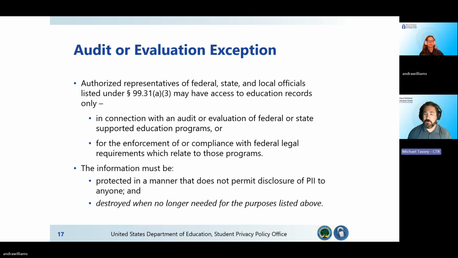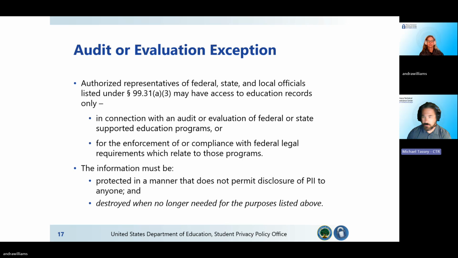So now a couple of important things to remember when we're talking about audit or evaluation. The information released under the audit and evaluation must be protected in a manner that does not permit disclosure of PII to anyone. And pertinent to this discussion here today, when the audit or evaluation is completed, that data must be destroyed or returned. Right? It can't remain in the hands of the auditors in perpetuity.